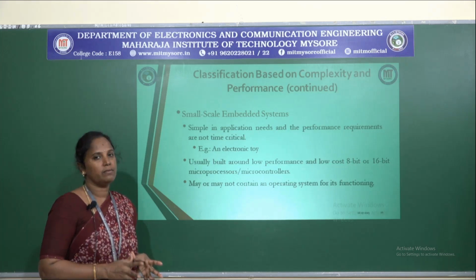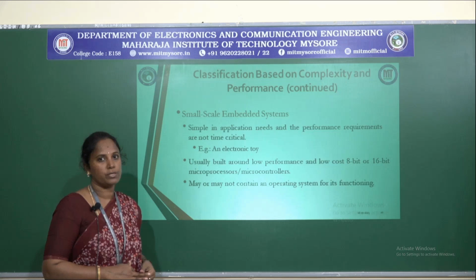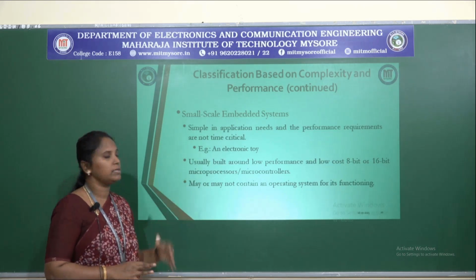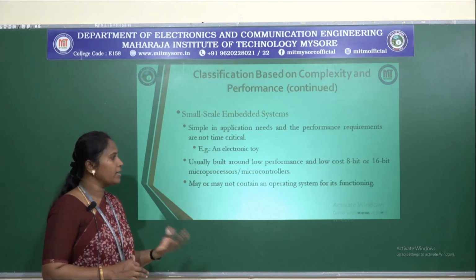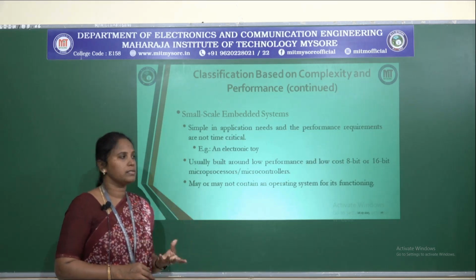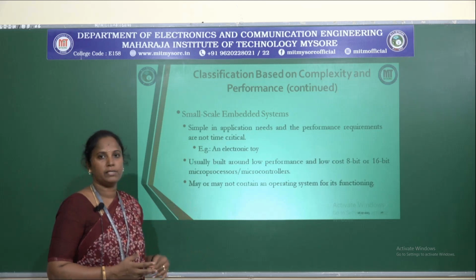Here we use just an 8-bit or 16-bit microprocessor or microcontroller, and as you can see the performance is very low, and it may contain a simple operating system for performing the function of our small scale embedded system.